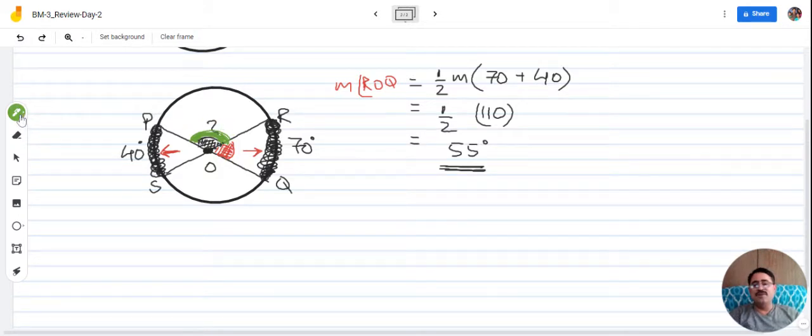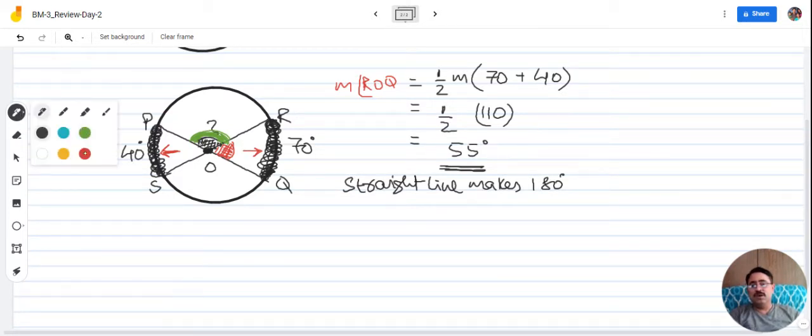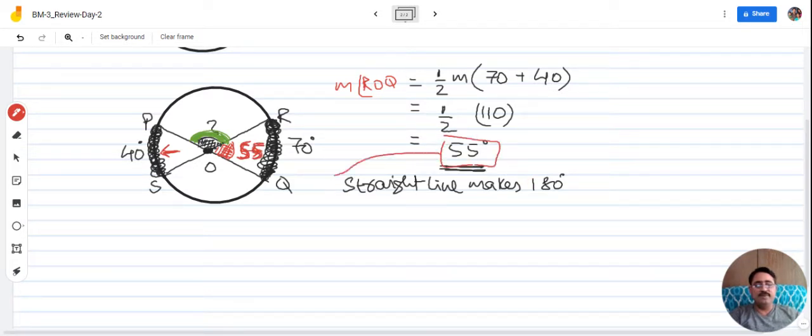As I mentioned before, a straight line makes 180. So I see that this is 55 degrees. From where did I get it? Just now I computed and I got 55 degrees. That goes here. And what is the value of this one?